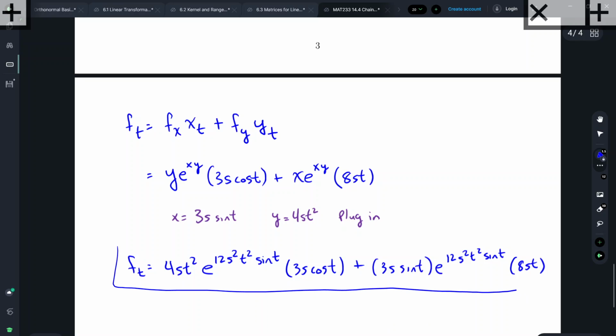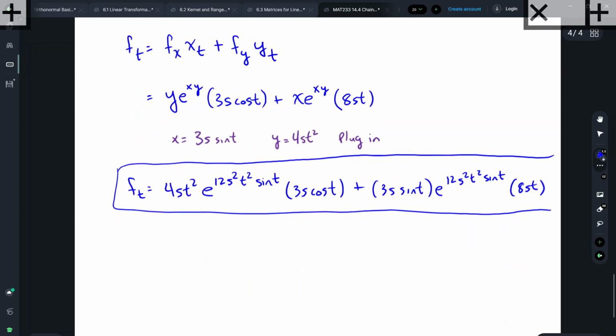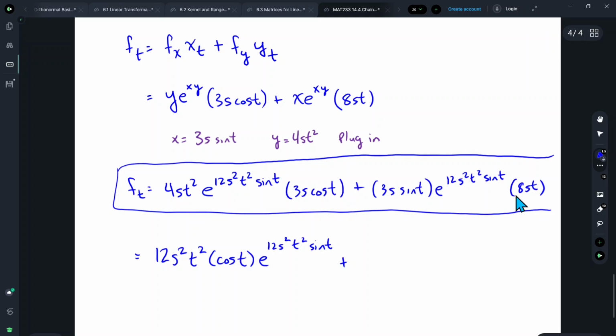Okay, so again, without any simplification, this is what you get. But if you want to simplify this, so what do we get? 4 times 3 gives you 12, and then we have s squared t squared cosine t exponential 12s squared t squared sine t, and then plus 3 times 8 is 24.